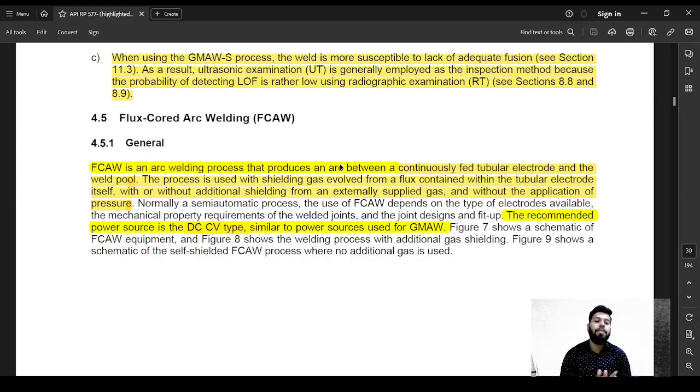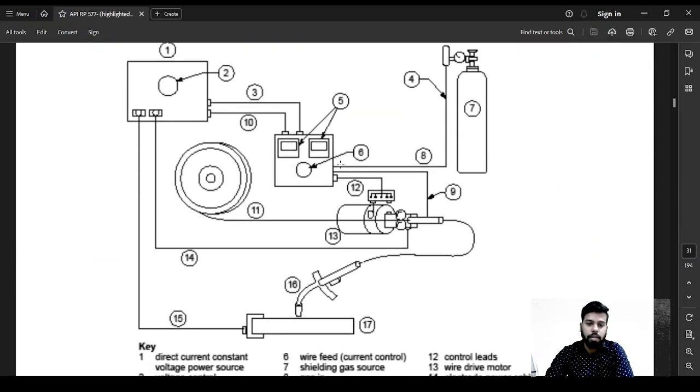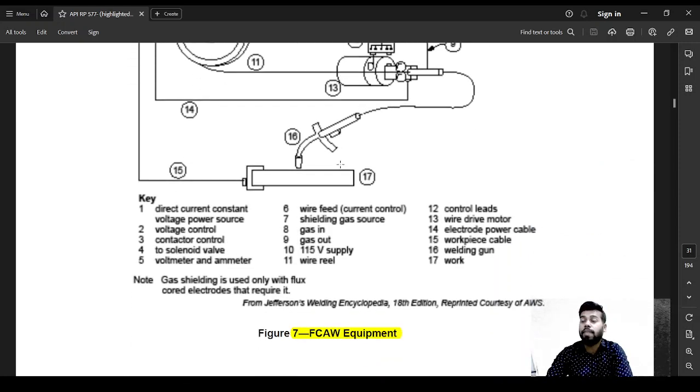The recommended power source is going to be DC, constant voltage type, similar to power sources used for GMAW. It is essentially GMAW, just the filler wire is very different. The filler wire is a tubular shaped wire with a flux inside it, so flux core. It has a flux at the core.